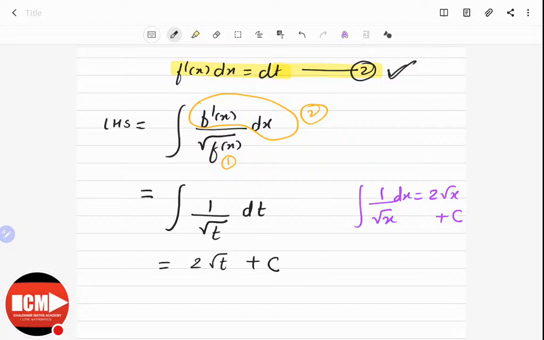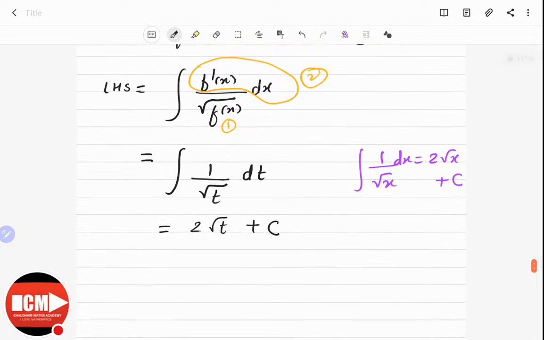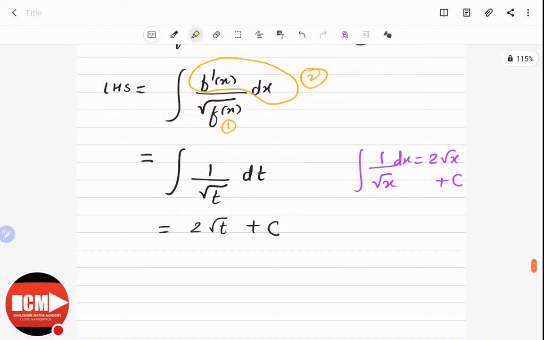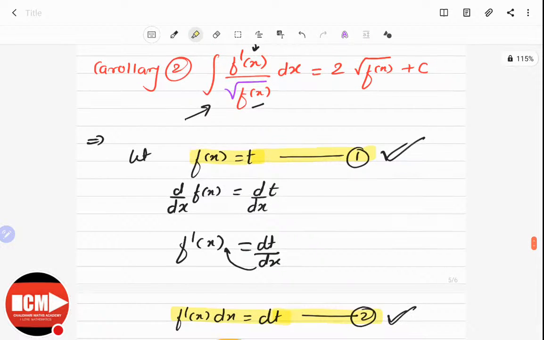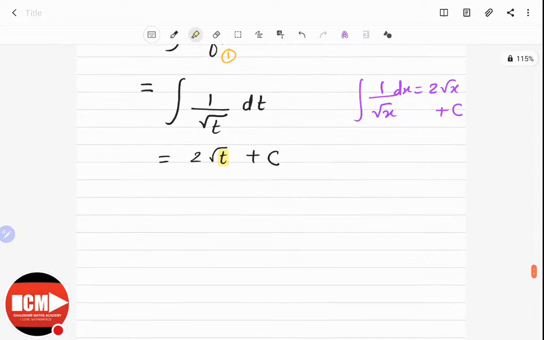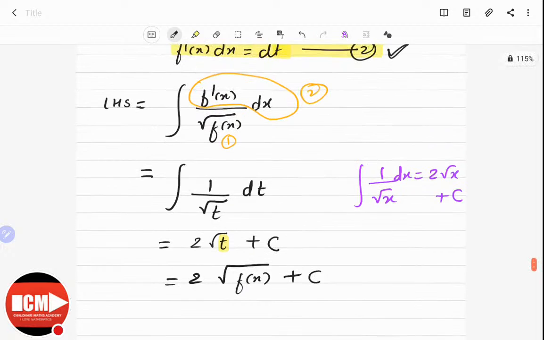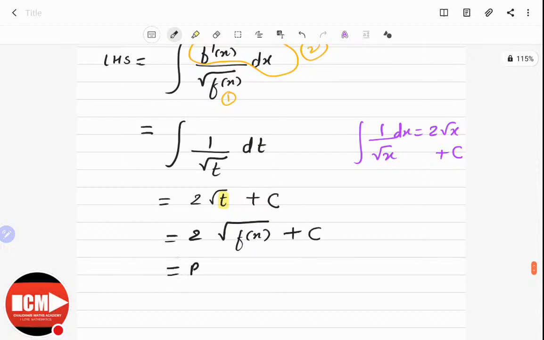At the end, substitute back the value of t. So friends, what was the substitution? If you check equation 1, the substitution for t was f of x. So here I am substituting back the value of t as f of x, plus c. And if you observe, this is nothing but the right hand side of the corollary.